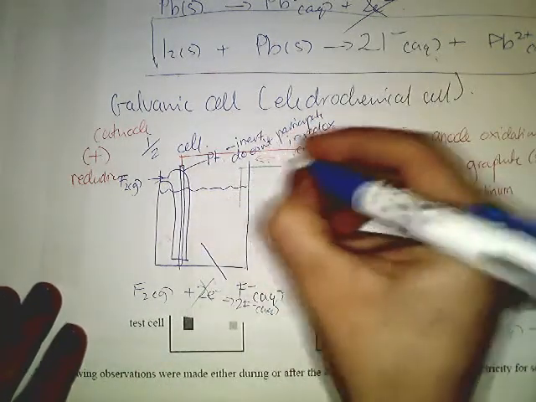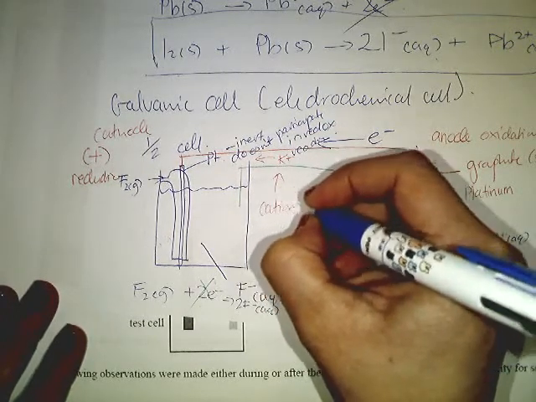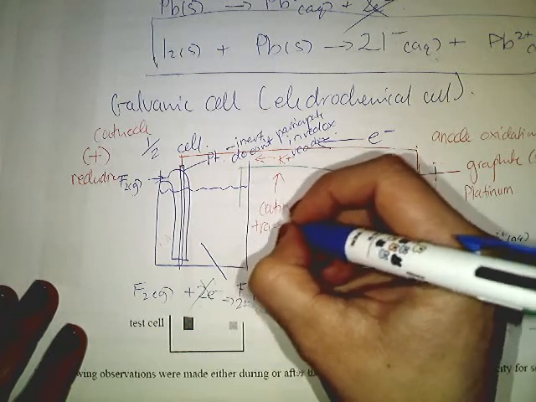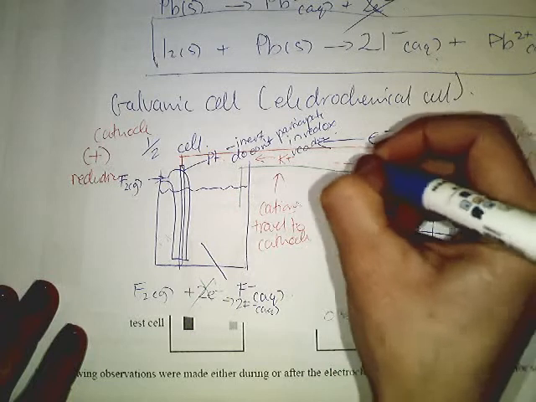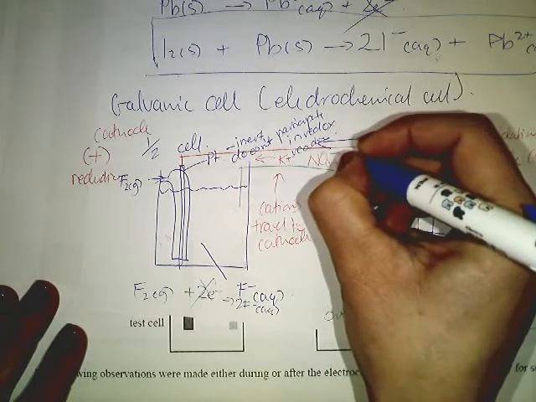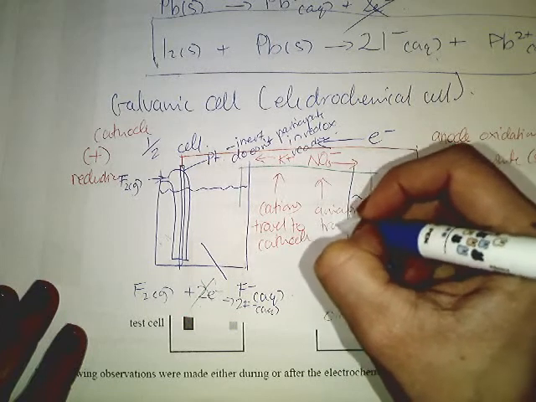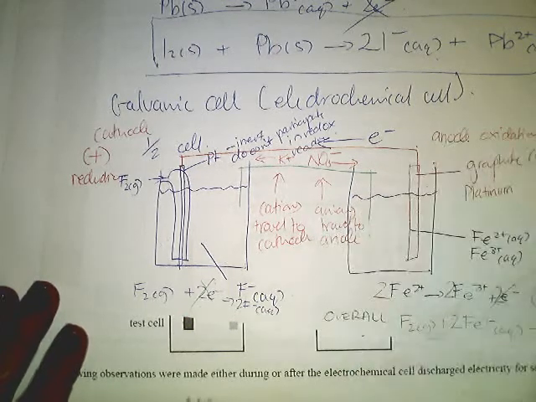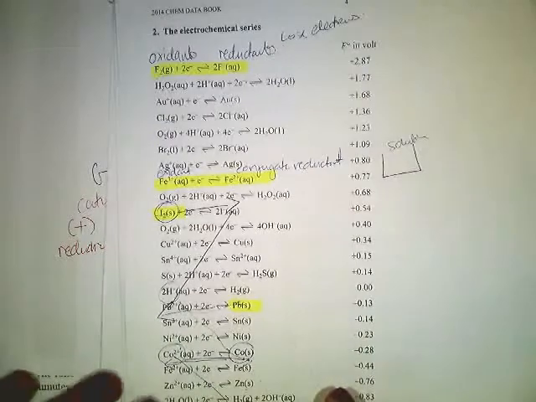So to balance that charge, we need cations in the salt bridge to travel to the cathode. Then we have anions in the salt bridge which travel to the anode. Okay, then you can do something like determining your maximum cell voltage for this cell.